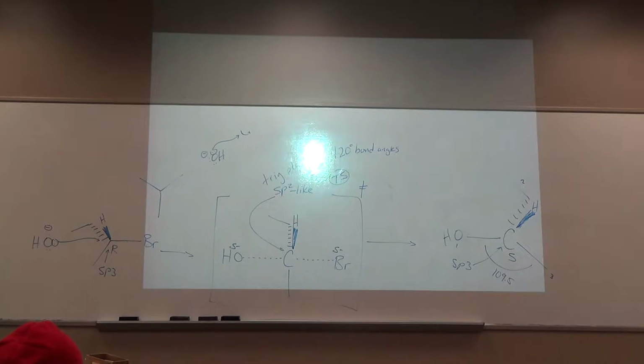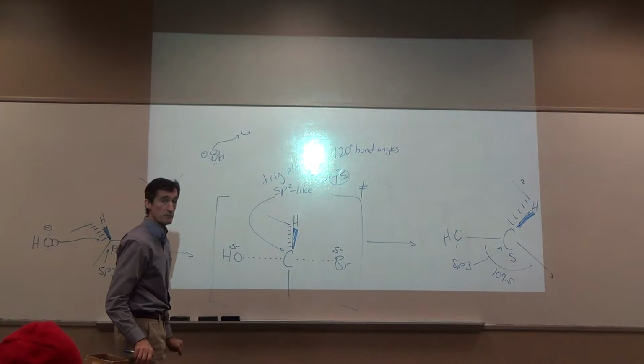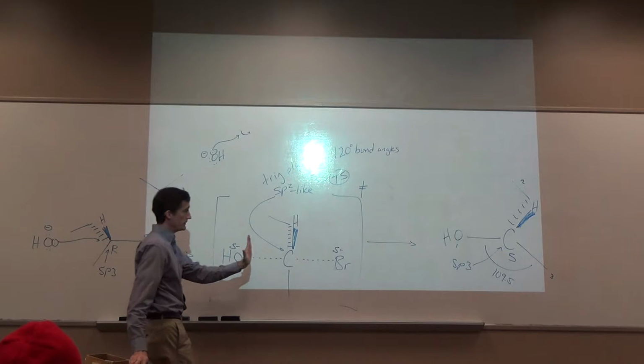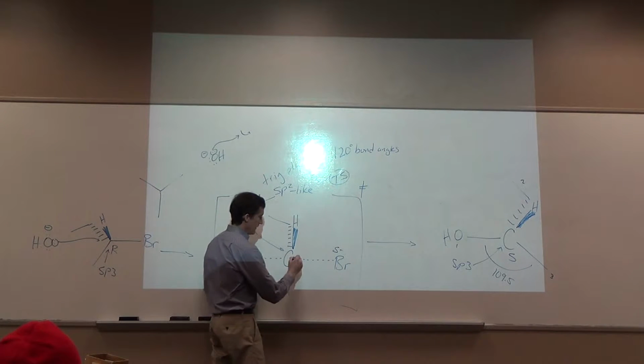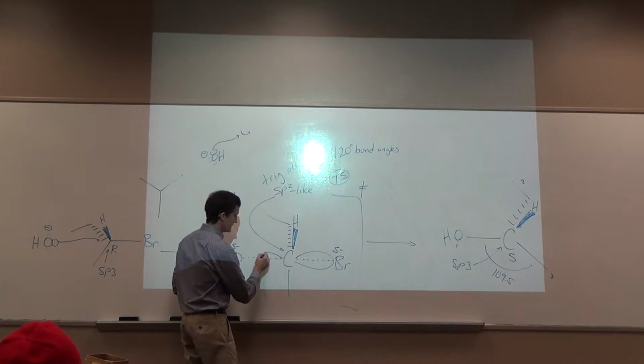Now, carbon that's sp2 has 3 sp2 hybrids. What else does that carbon have? What other type of orbital? P orbital. And the p orbital is perpendicular to that plane. There's the plane. What if we make that look like a p orbital?